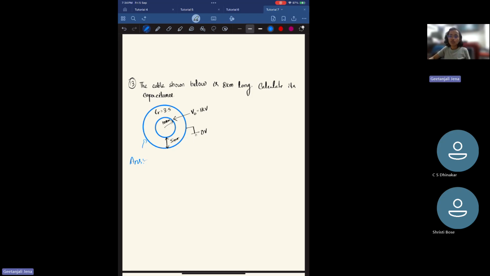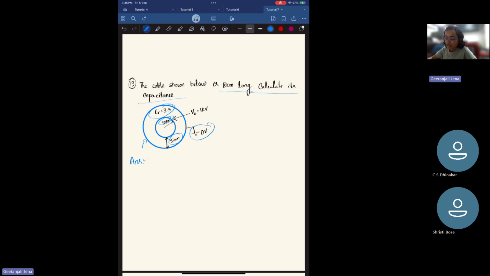It's related to one of the questions that we have seen before. There is a cylindrical cable which is 8 km long. You need to calculate the capacitance for this case. Given epsilon r is 3.5 and the inner radius is 10 millimeter. This has a thickness of 5 millimeter.